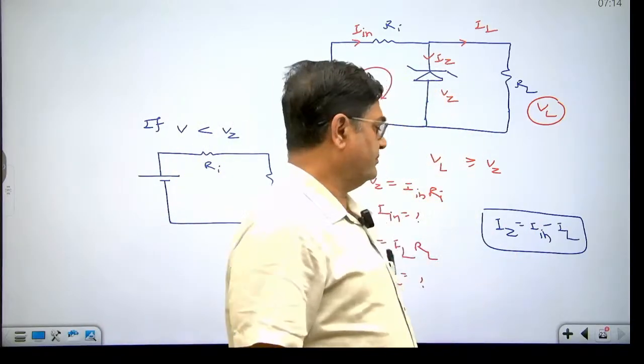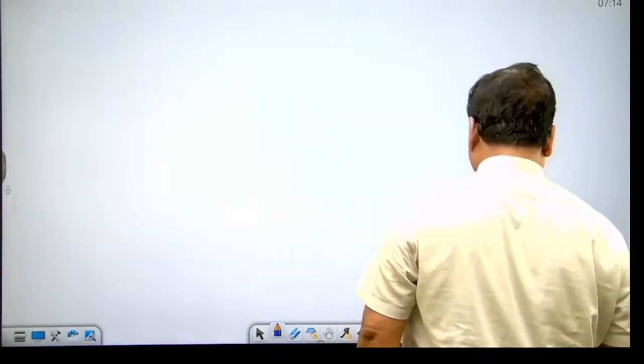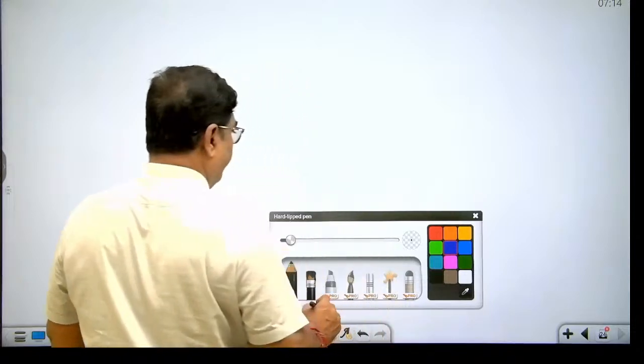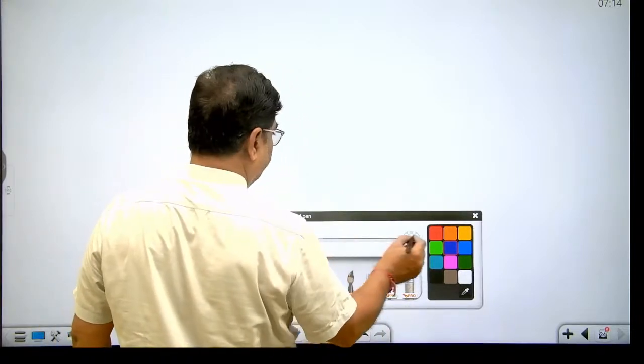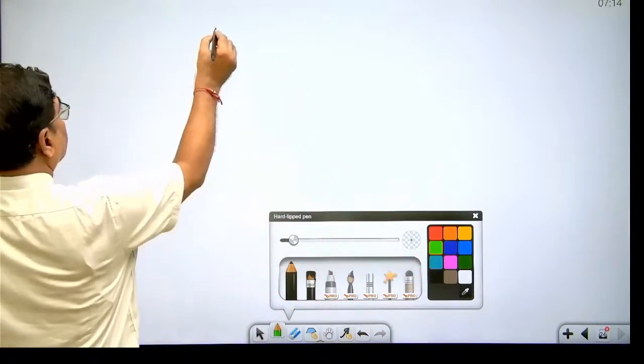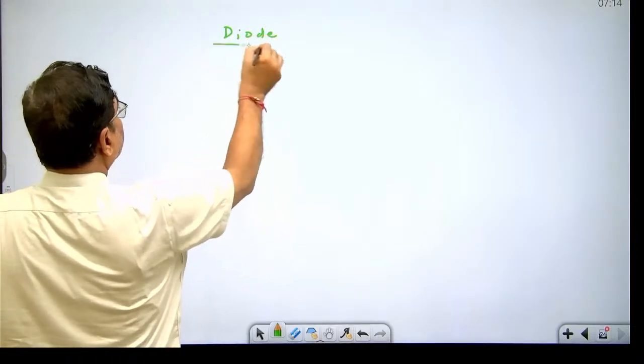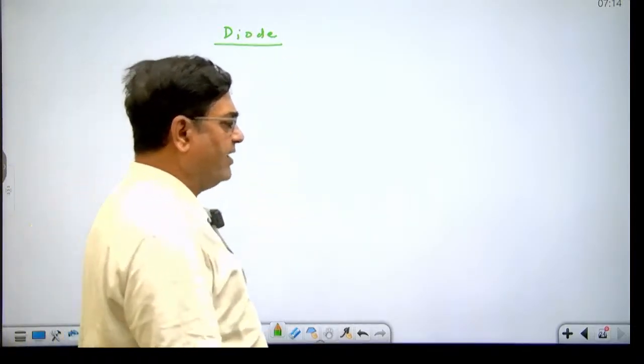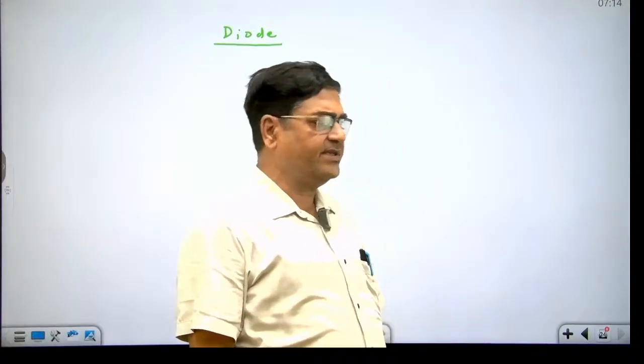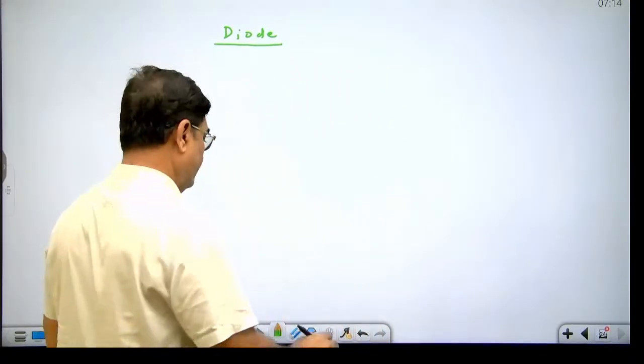Now, dear student, there are many types of diode. The important points about diode I am telling you. In reverse biasing, for ideal diode, resistance becomes infinity. It acts as a broken wire.